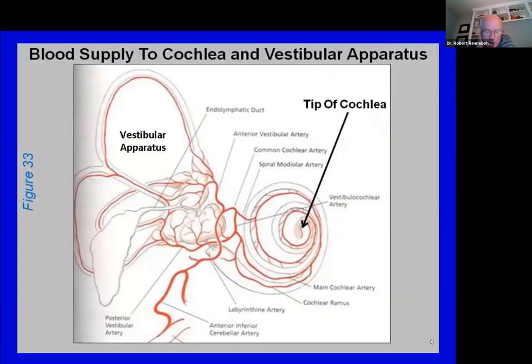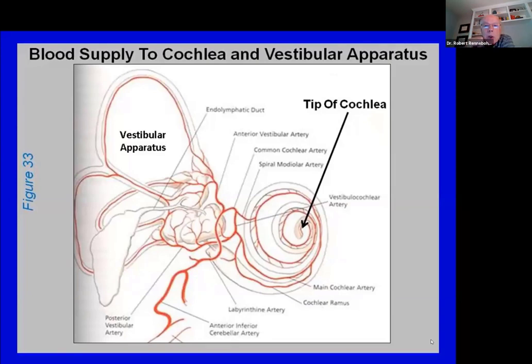This same occlusive microvascular endotheliopathy also occurs in the inner ear. This slide depicts the microvasculature of the cochlea and the vestibular apparatus. In Susac syndrome, the tip of the delicate cochlea is particularly vulnerable and likely to suffer from ill perfusion due to the occlusive microvascular endotheliopathy.